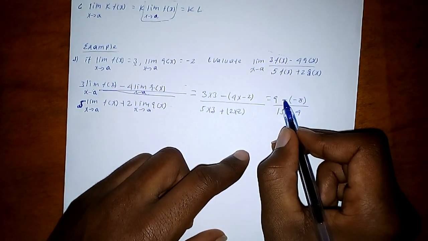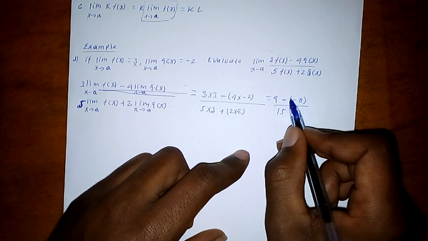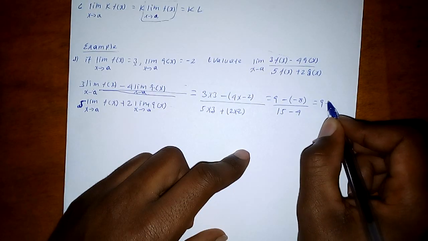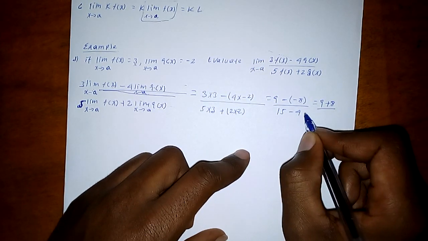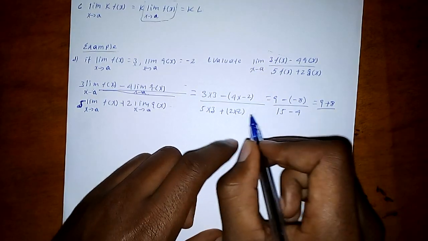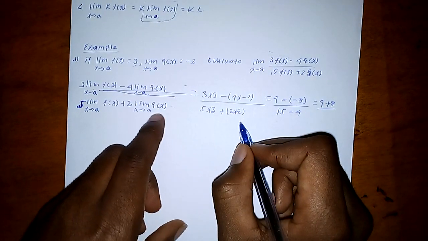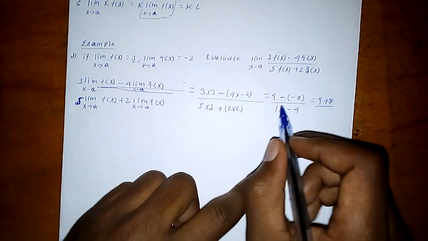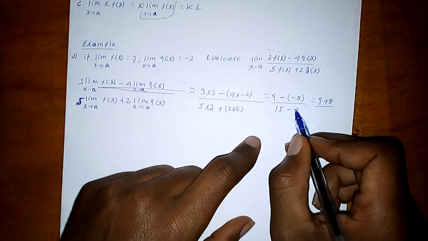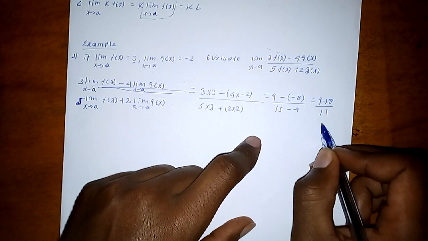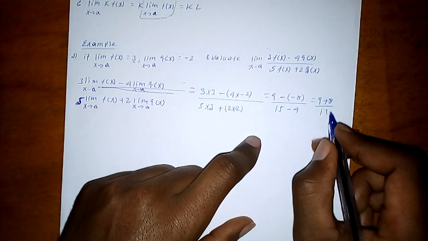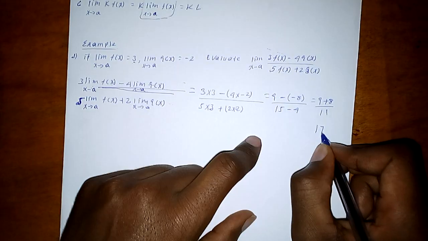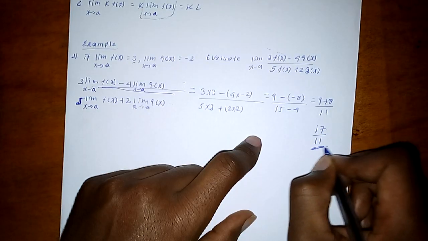Then minus times minus is plus, so it is equal to 9 plus 8 over 15 minus 4, which is 11. So 9 plus 8 is 17 over 11. This is the final answer.